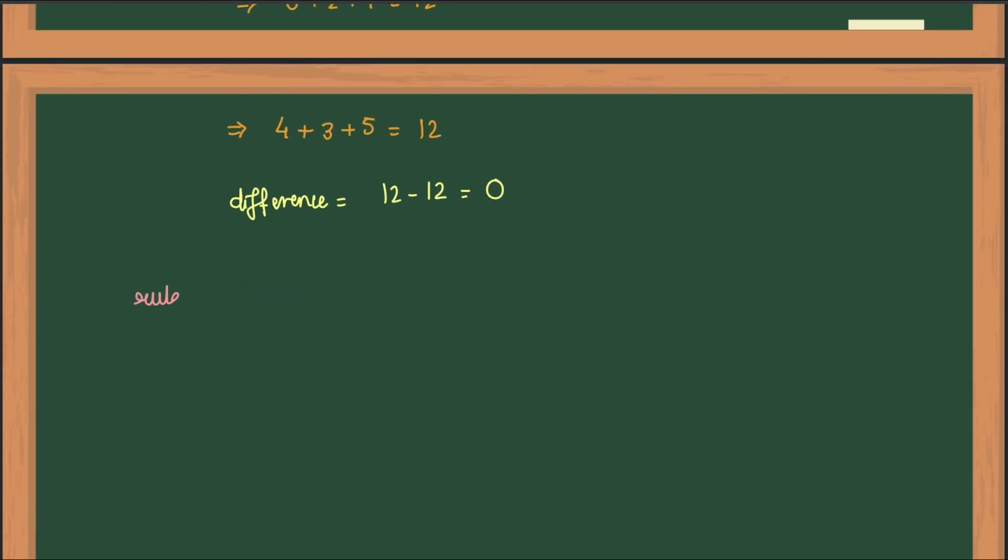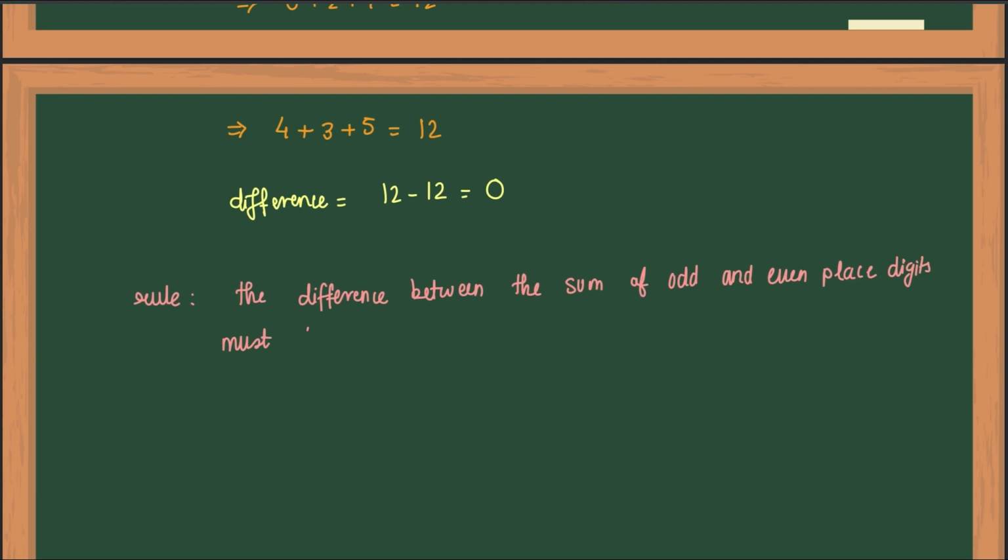The rule says that the difference between the sum of odd and even place digits must be either 0 or divisible, or we can say a multiple of 11.